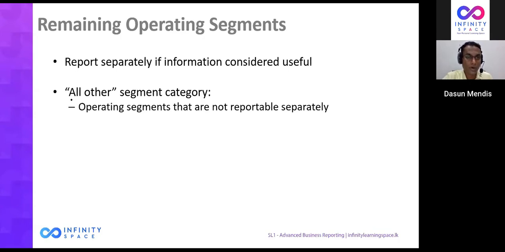And I told you all about the other segment. In the other segment, you club all the aggregated segments which are not reportable as per the threshold tests. So I have given you a brief explanation about how segmentation works under SLFRS 8. There can be a question out of that area.